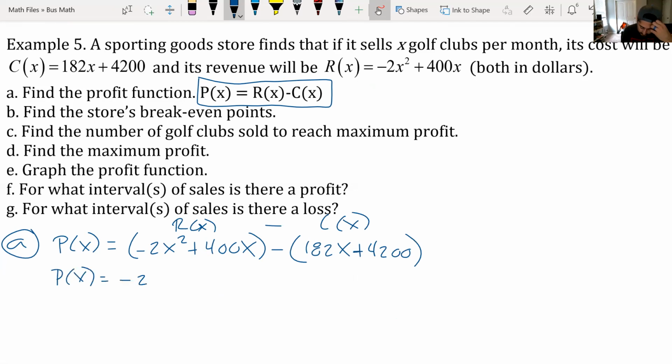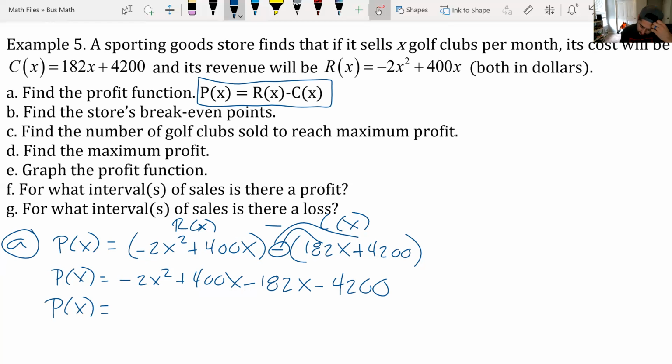Okay, now simplify. P of X equals negative 2x squared plus 400x. Take this negative and distribute. Negative 182x minus 4,200. Okay, clean it up.